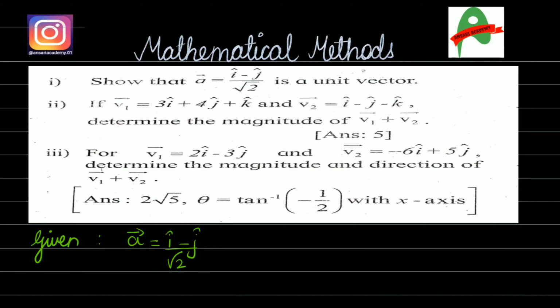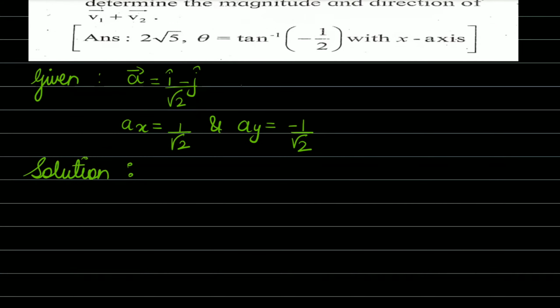Here i cap and j cap can be written as the coordinates of x and y. So if we consider Ax equals 1 by root 2 and Ay equals minus 1 by root 2, the solution can be written as follows. We know the formula for A cap, the unit vector, is A vector divided by the magnitude of A vector.